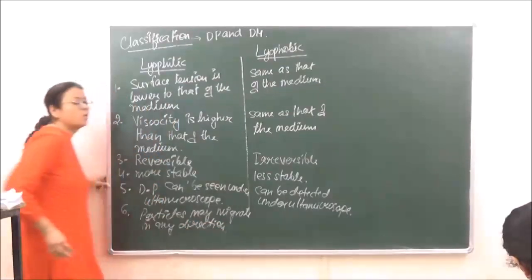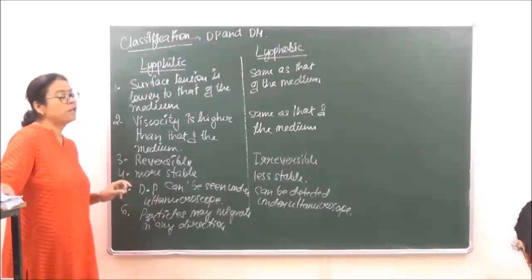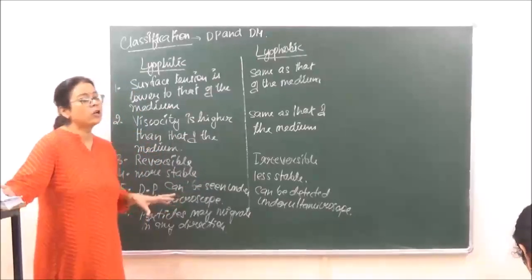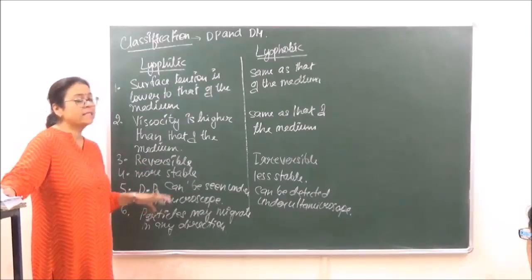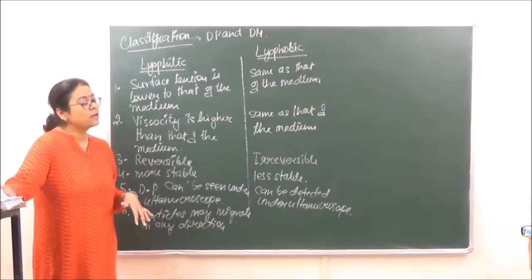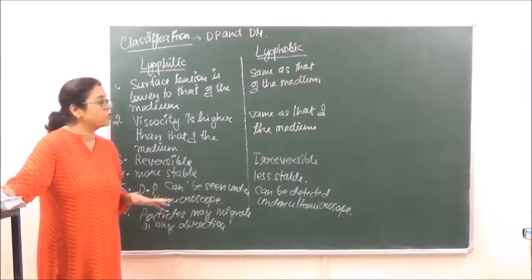It means that when we are passing electric current through a lyophilic colloid, the electric field has no effect on the particles, right? It is not essential over here that the particles are going to migrate either towards the cathode or towards the anode. They do not have any specific direction.